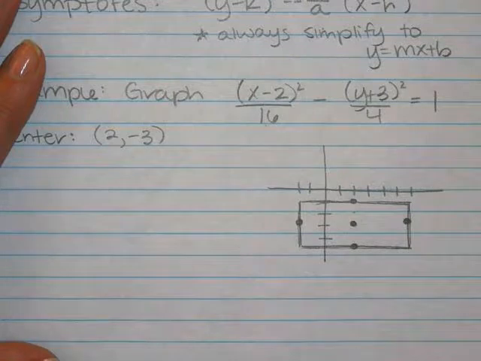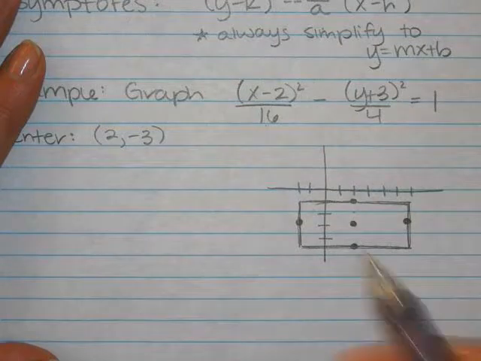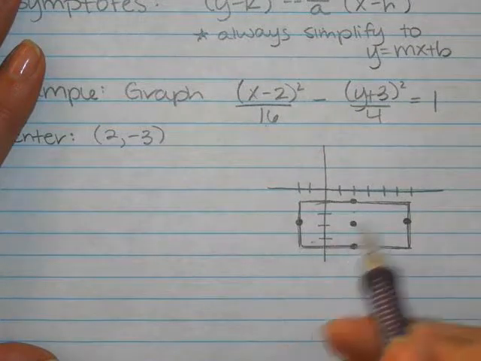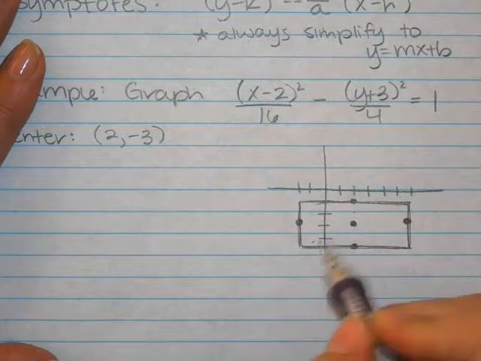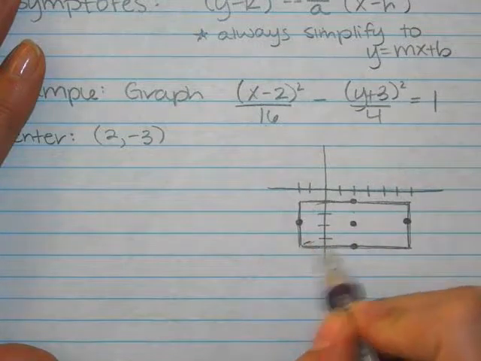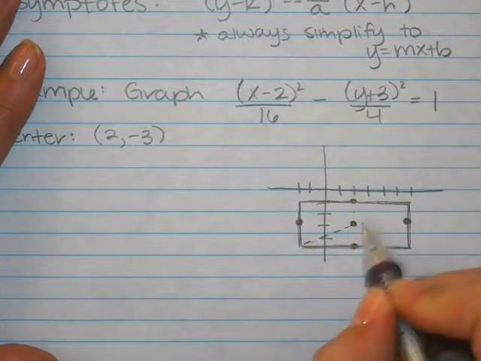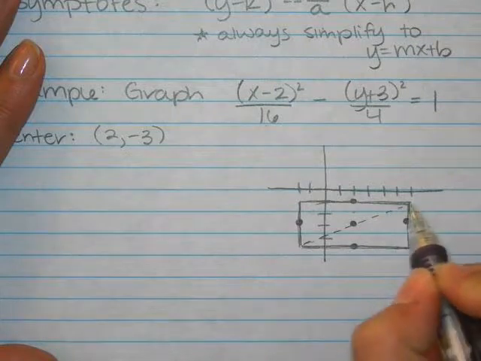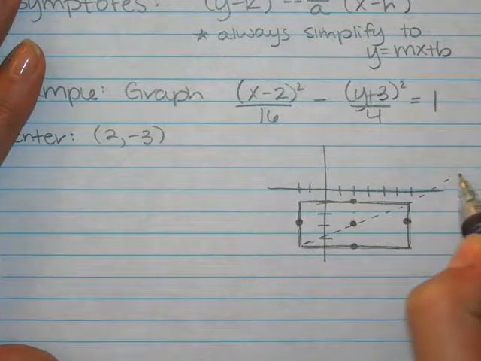Yeah, this one is a little weird when you draw it. Once you have the rectangle drawn, you draw your asymptotes, and the asymptotes go through the opposite corners, and they go through the center. So this asymptote is going to go like this, through the center of the box, and it continues on like this.